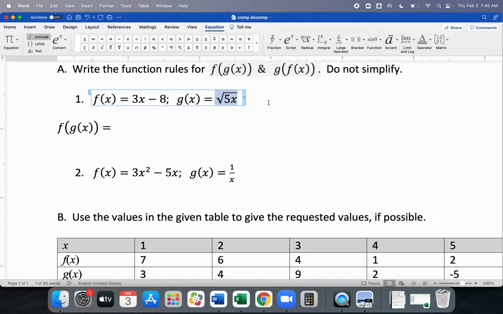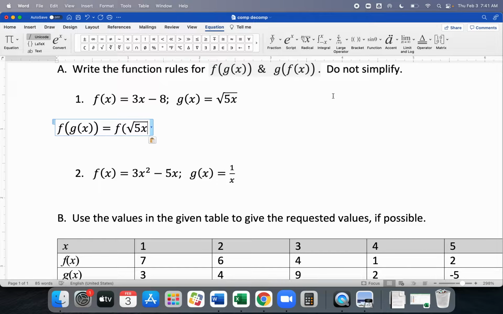So here's my g of x, and I can even think of it like, oh, well, I want f of the square root of 5x then, because g of x is equal to the square root of 5x. This symbol means I take f's formula and plug in the square root of 5x for its variable. So that means in that spot.